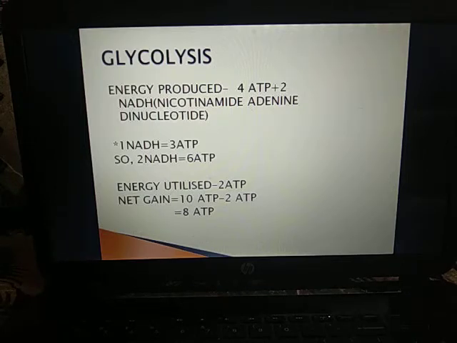So altogether the energy that is produced is 4 ATP plus 6 ATP is 10 ATP, and energy that is utilized during the glycolysis is 2 ATPs. So net gain in the glycolysis is 8 ATP, that is 10 ATP minus 2 ATP.